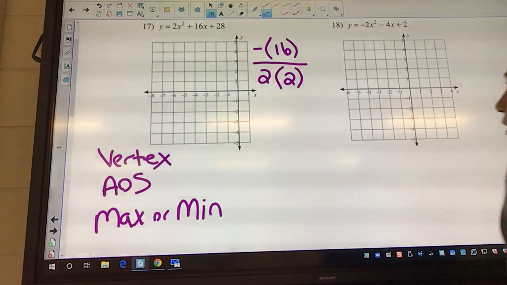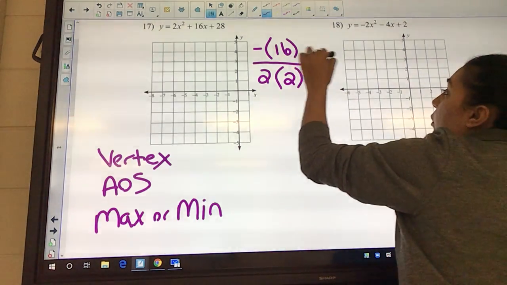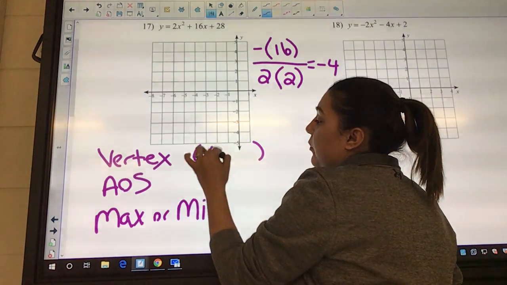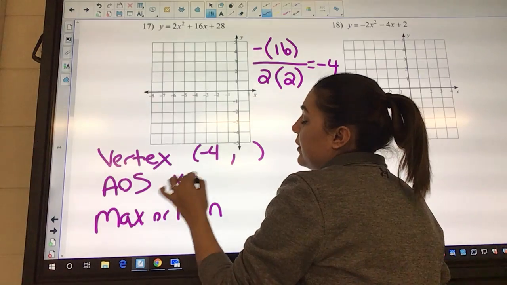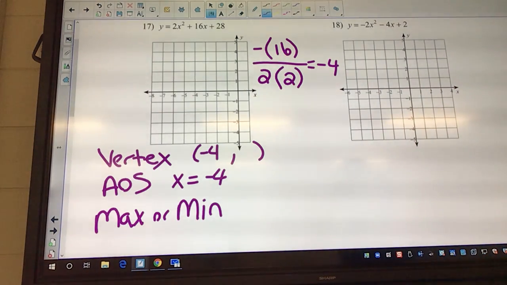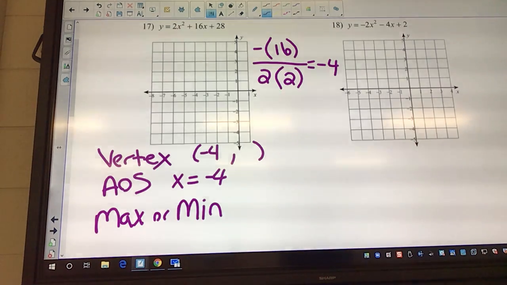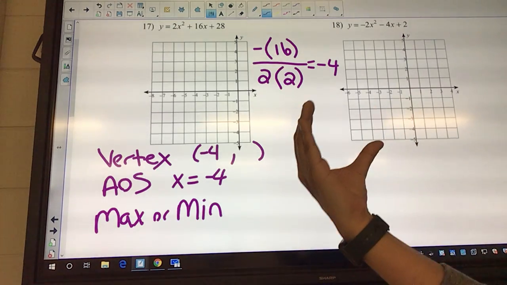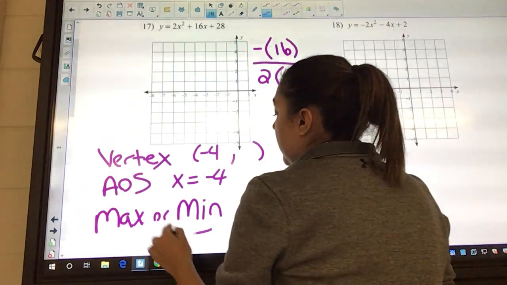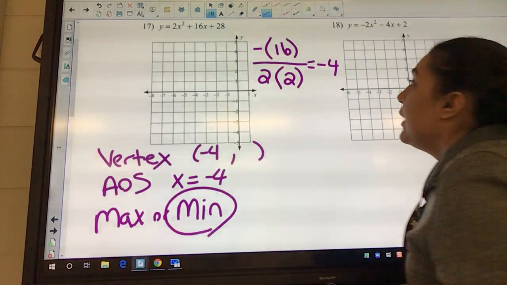You should get negative 4. So my vertex is going to be negative 4, comma, my axis of symmetry is also going to be negative 4. My a is positive 2, so we know it's going to open upwards, and so it's going to have a minimum point. So it's going to be min, and we can plug in that negative 4.